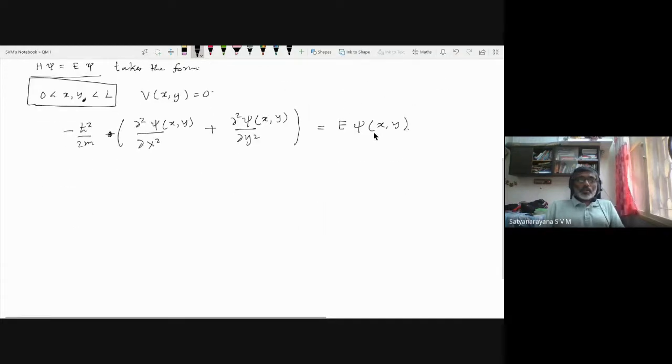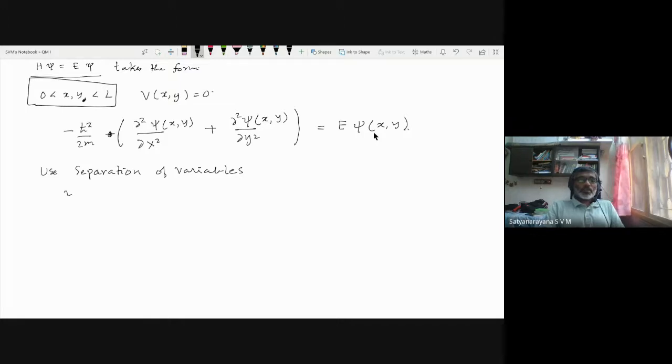Now this is a partial differential equation, so I can use separation of variables. This is a technique which you might have learned in your efforts to solve partial differential equations.